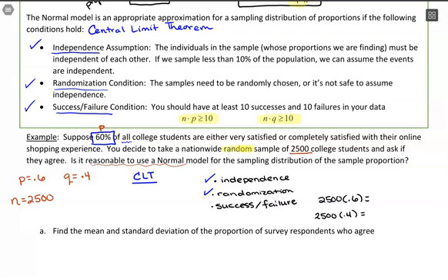So 2,500 times 0.6 is 1,500. 2,500 times 0.4 is 1,000. And both of those are more than or equal to 10. So as soon as we show those are large enough, we pass the success failure condition. So with that, we now know that we have a normal distribution.